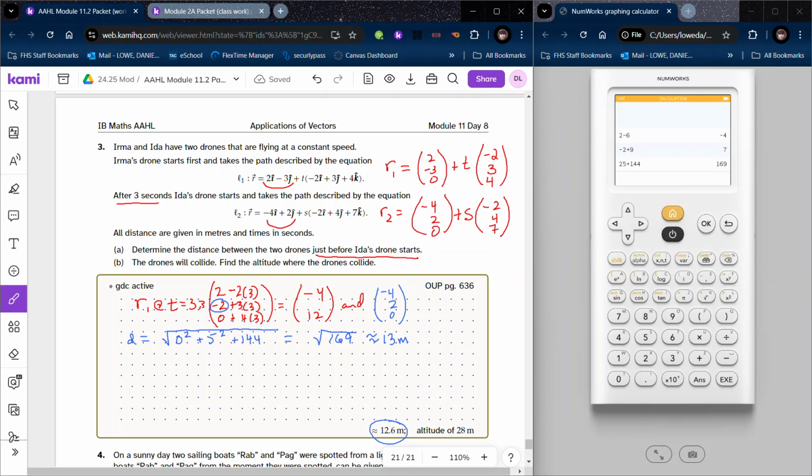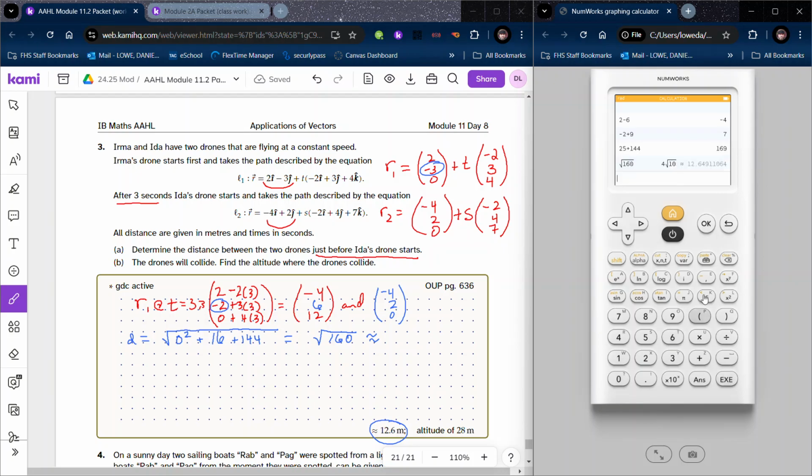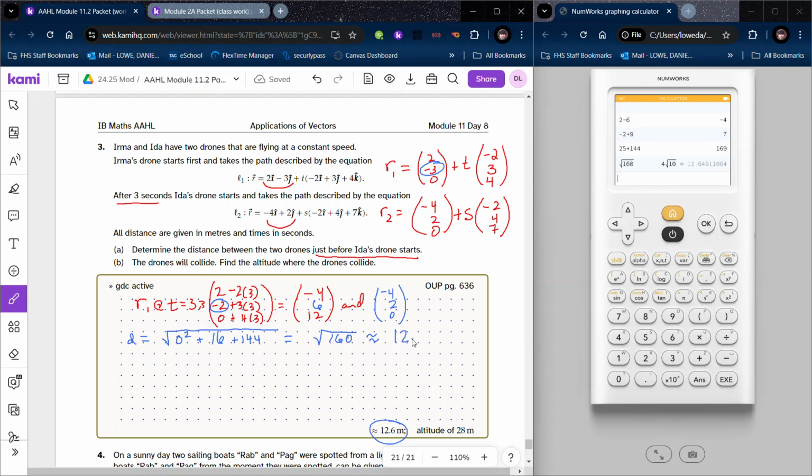It should actually have been -3. So this number should be 6, which means this number here should be 16, and this number here should be 160. The square root of 160 gives us approximately 12.6 meters. So they're about 12.6 meters apart.